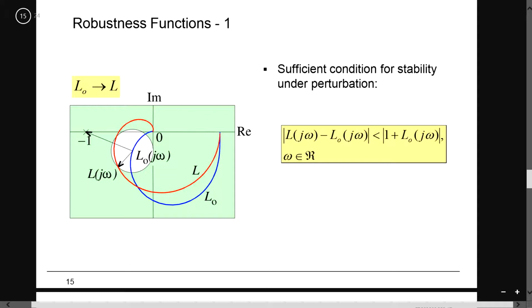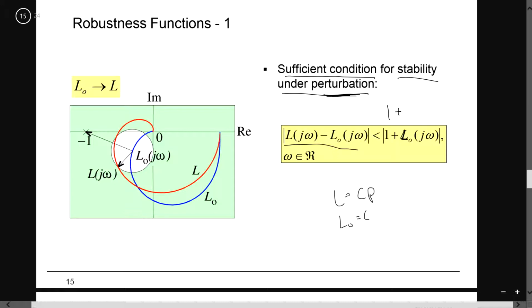Therefore, here we are going to talk about the sufficient condition for stability under a so-called disturbance or perturbation or changes. In this case, if you remember, L0, L is simply CP, L is equal to CP.